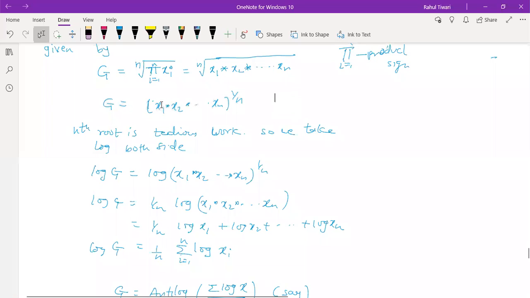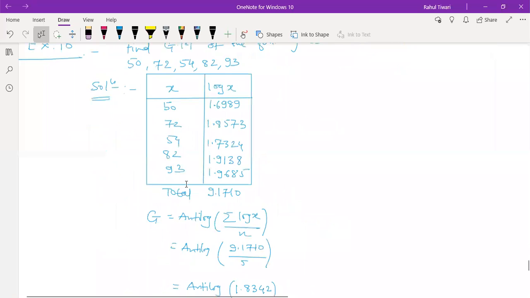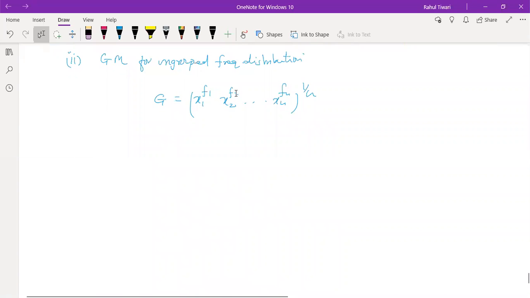But here x1 is repeating f1 times, so here f1 came, f2 came, so on fn came, power to the nth root. Now whenever there is n and we have grouped data, we always take the summation of f, so your n becomes the summation of f.